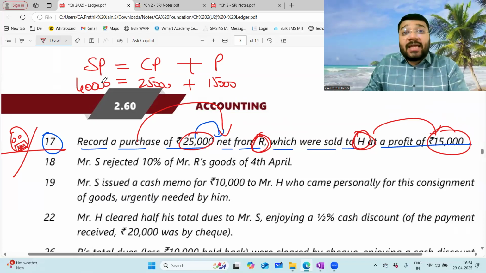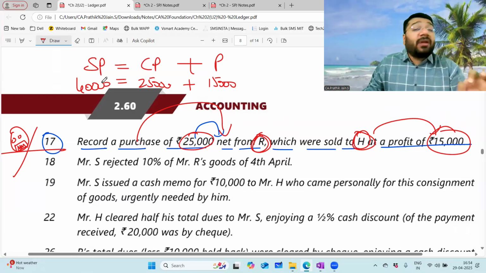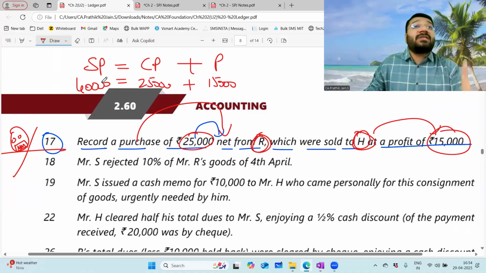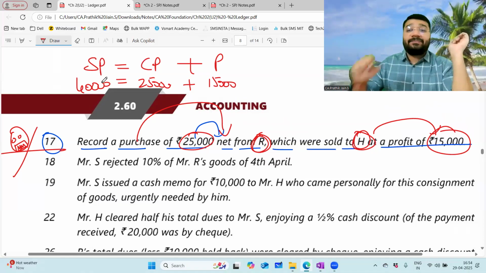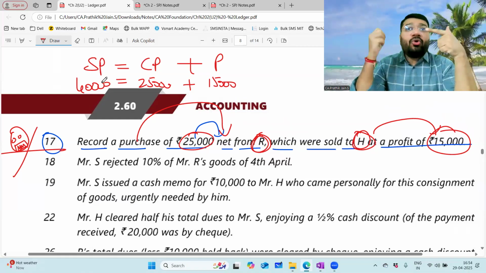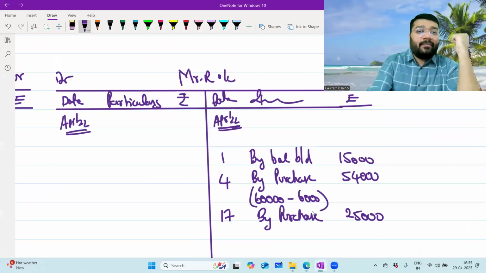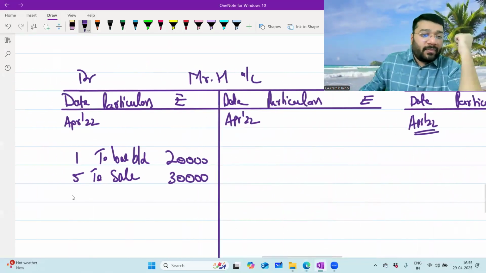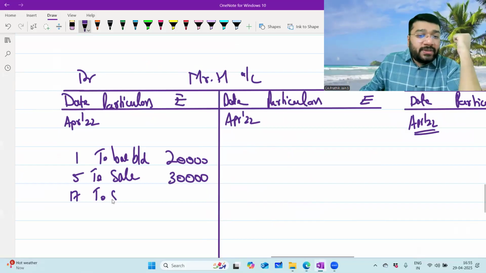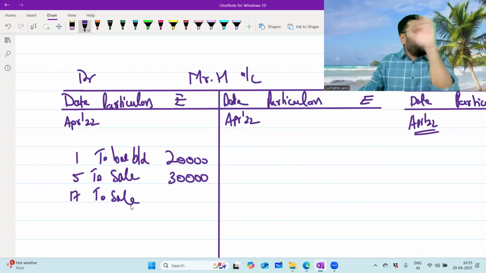So this is cash transaction or credit transaction? Again, credit transaction, because nowhere they have told that we have received money for this transaction. So this is again a credit transaction. Entry, please. H account debit to sales. In H account, to sales, 17th April. To sale. Don't write 15,000 income. That 15,000 is profit element.